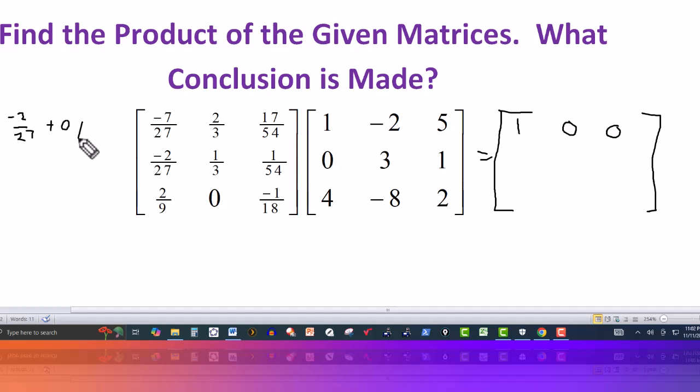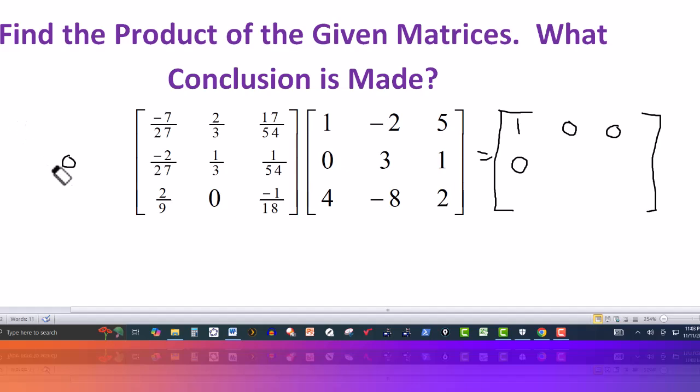Then it's plus the next component of that row times the 4 over here. And let's reduce this, divided by 2. This will give me a 2 over 27. So 1 over 54 times the 4. Divide 2 into the 4, I get 2. Divide 2 into the 54, it's 27. We got minus 2 over 27 plus 2 over 27. That's equal to 0. So this component here is 0.